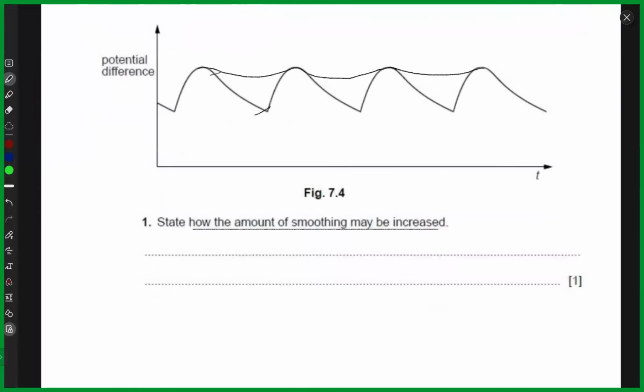Okay, so how can you do that? You can just say at least that you increase capacitance. One way of doing that is by connecting another capacitor in parallel with the first one.